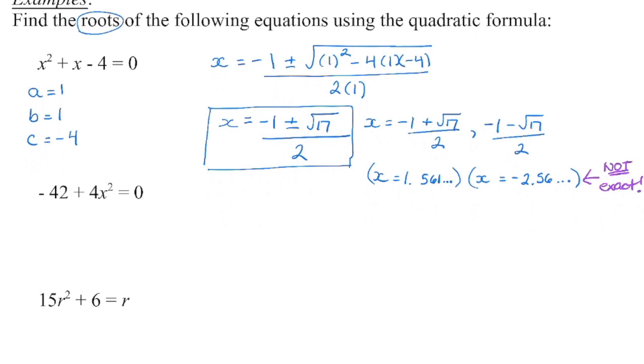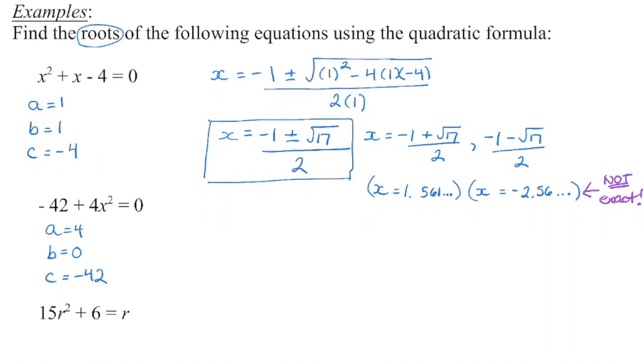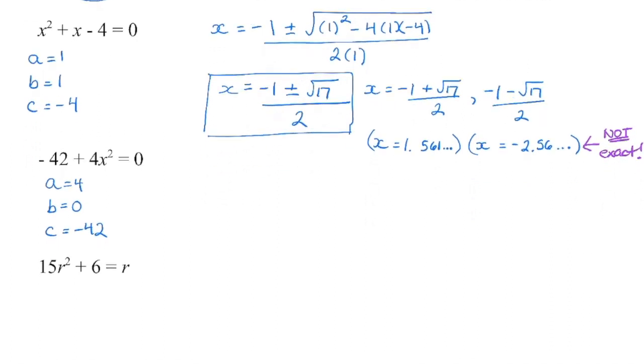So again, we're going to make a list. So a is 4, b is 0, c is -42. All right, now similar to what we did the first time, we're going to substitute these in. X is -b, and I don't need to put the negative in this case. Well, I guess I can. 0 is neither negative nor positive, but let's just write that down.